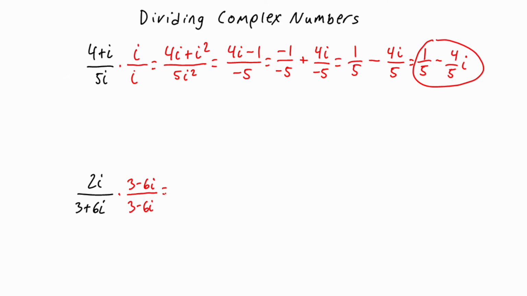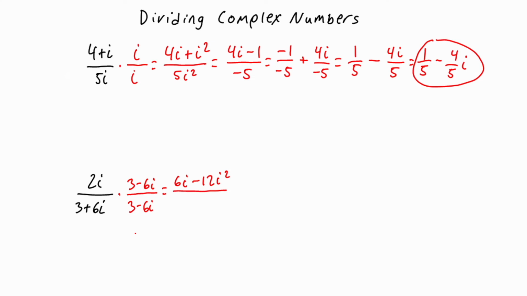So on top, we distribute the 2i to everything. So 2i times 3 is 6i, and 2i times negative 6i is negative 12i squared. And on the bottom, when you multiply something by its conjugate, it is a difference of squares.